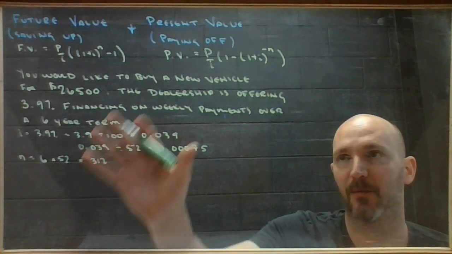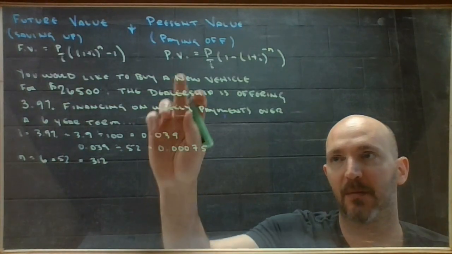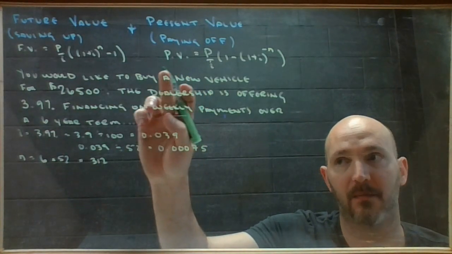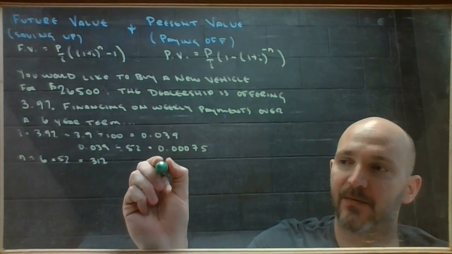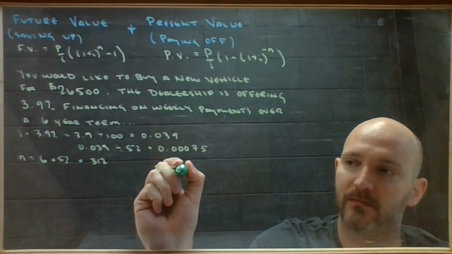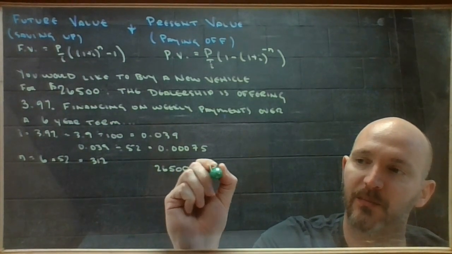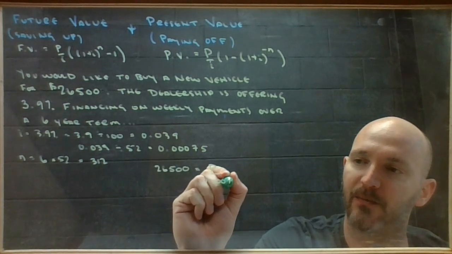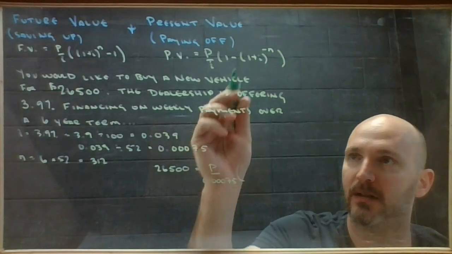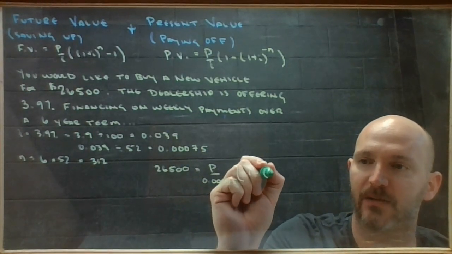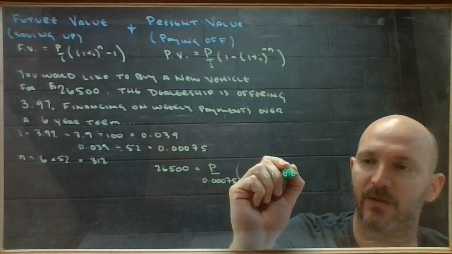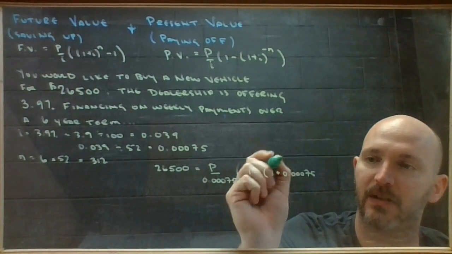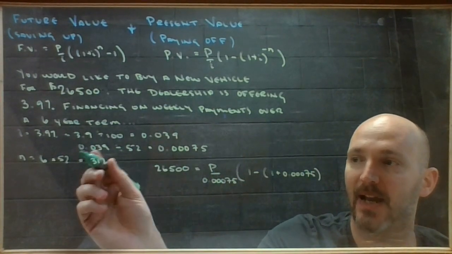So I've got enough information to dump everything in here. The present value of the thing I'm purchasing is $26,500. I don't know what the payments are going to be, but I know my I factor is 0.00075. And I need 1 subtract 1 plus 0.00075 to the exponent negative 312.